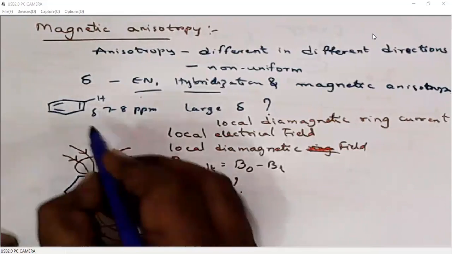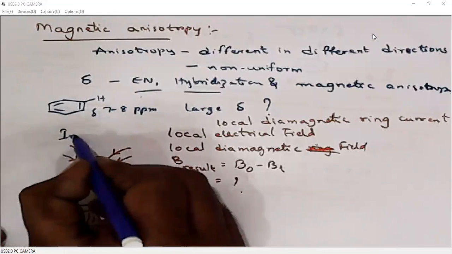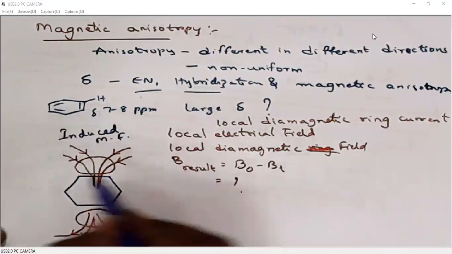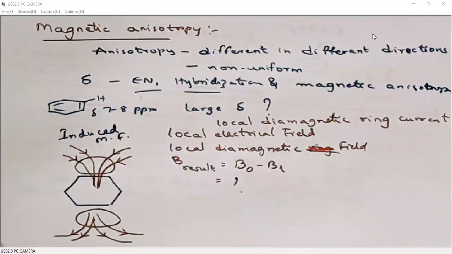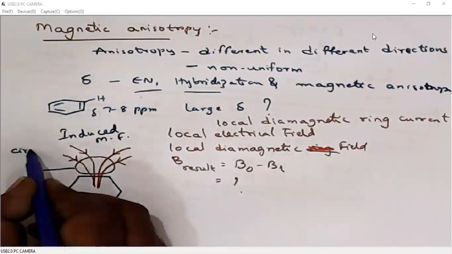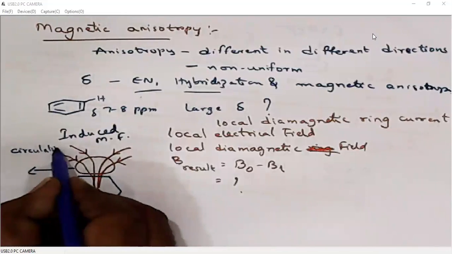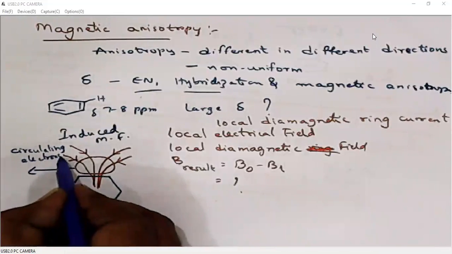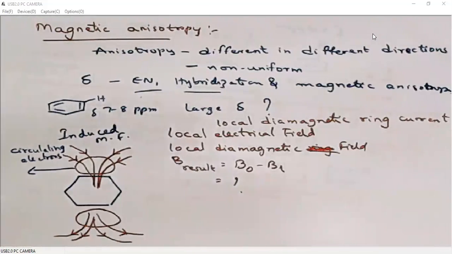This is the induced magnetic field, and these are circulating electrons. When there is such a magnetic field, it is called shielding.